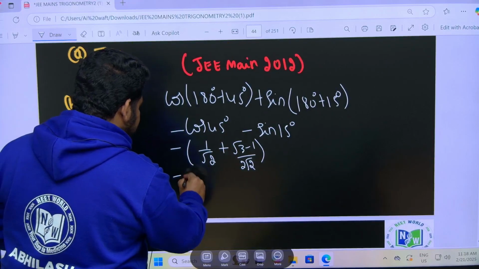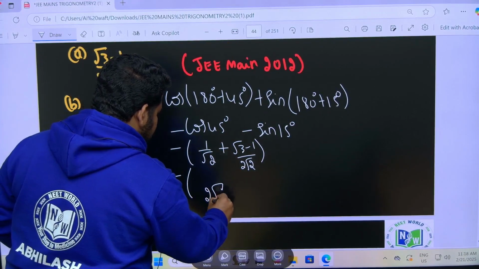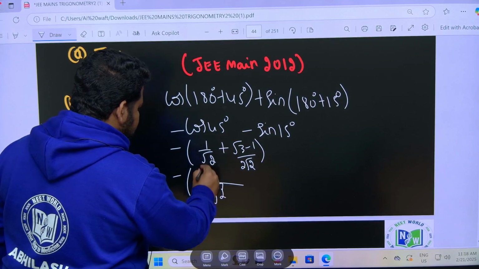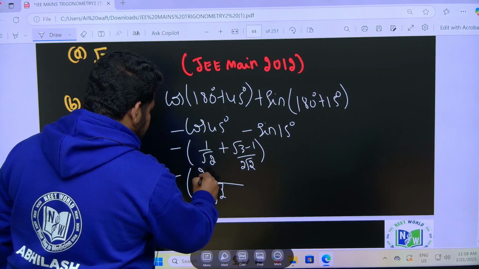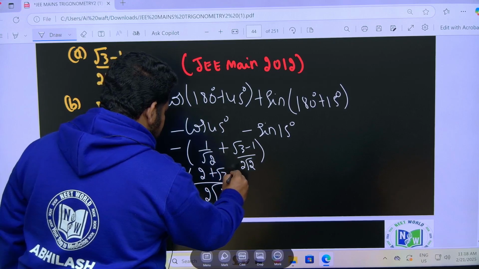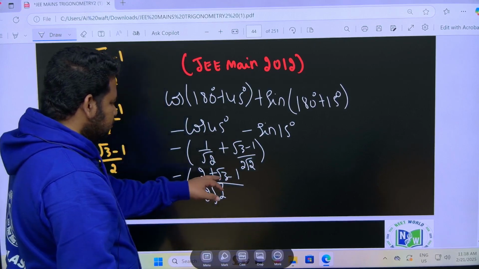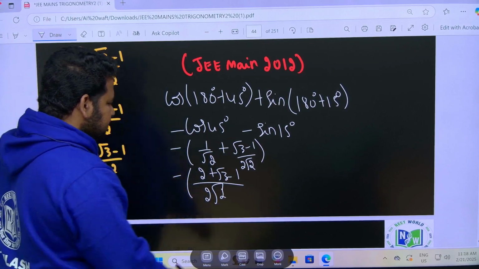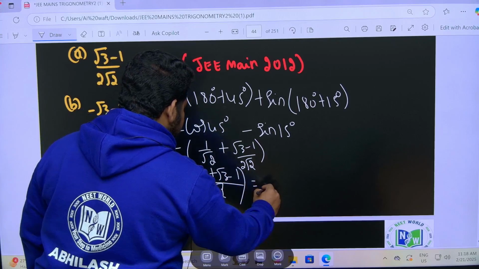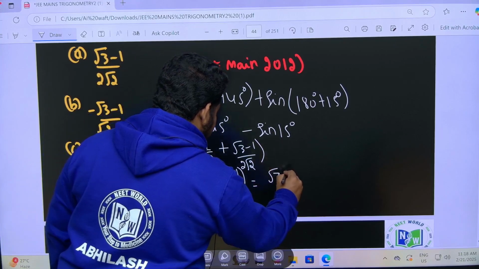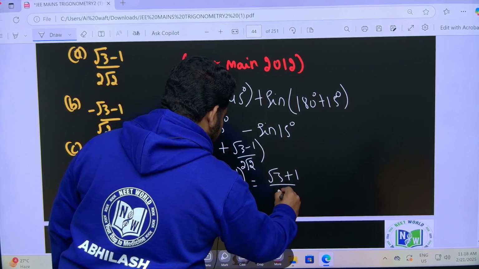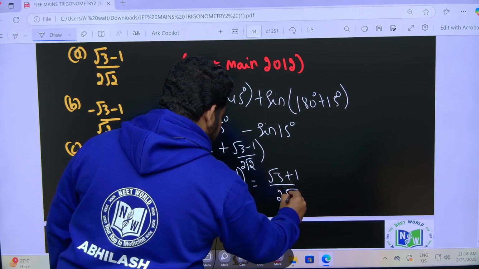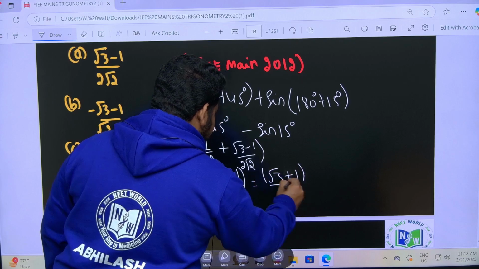So if I take LCM, this will become 2 root 2. Root 2 cancels, this will be 2, plus root 3 minus 1. So 2 minus 1 is what? 2 minus 1 is 1, so this will be root 3 plus 1 by 2 root 2, and outside will be minus 1.